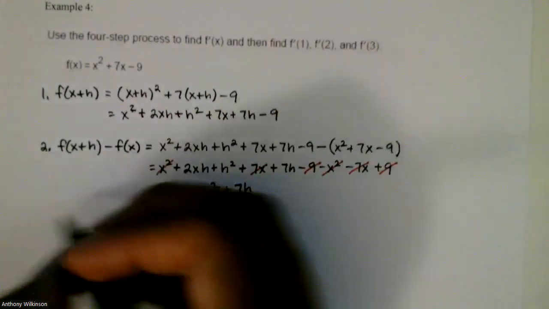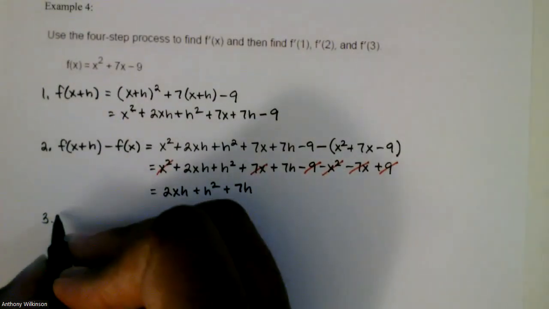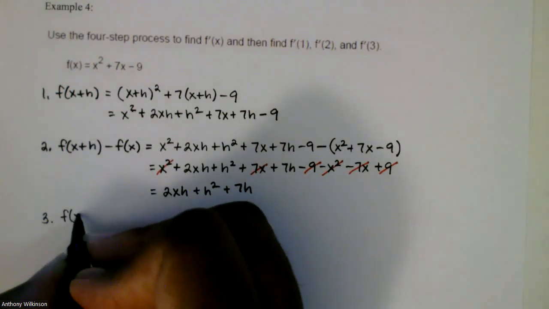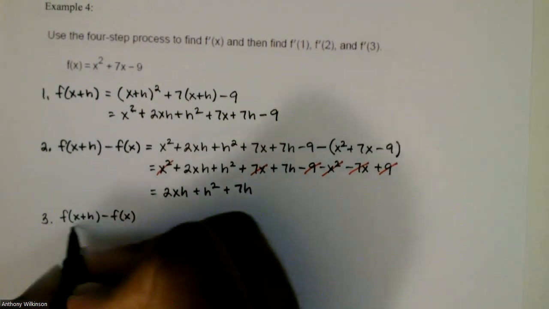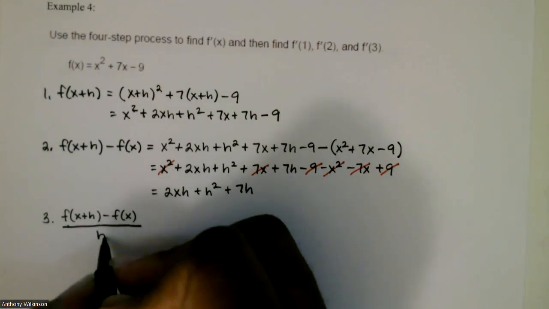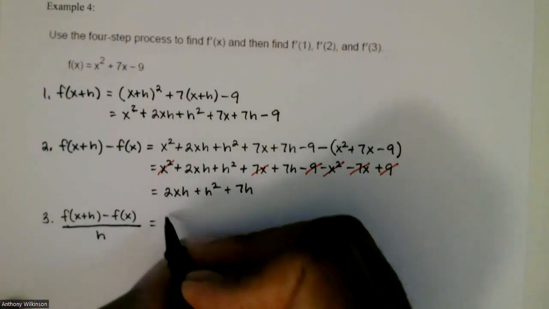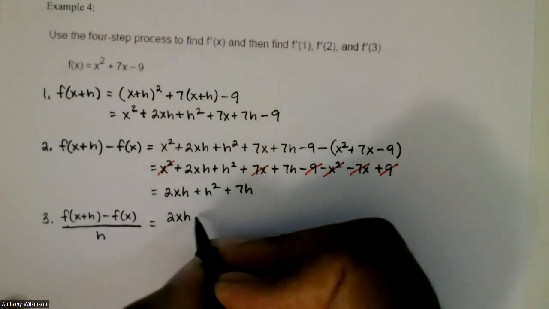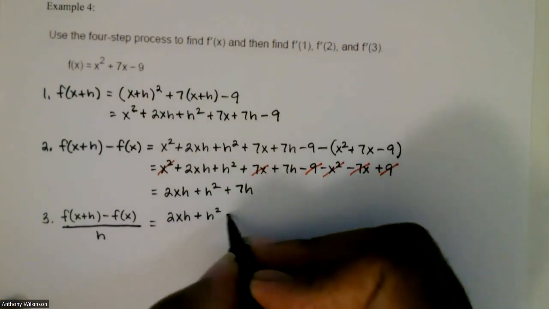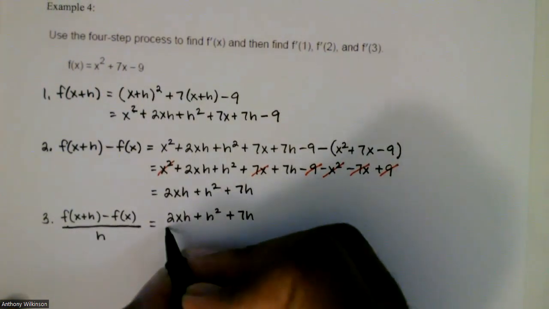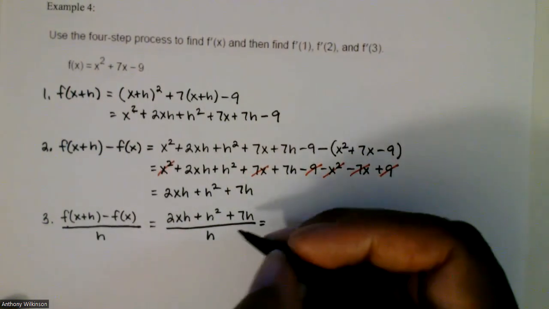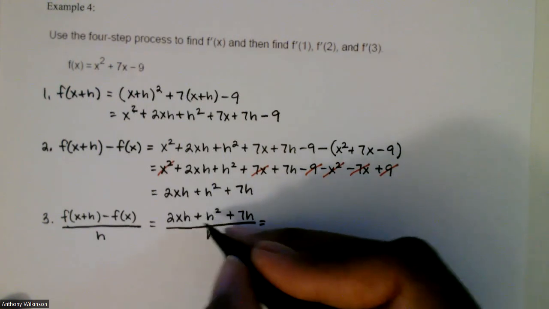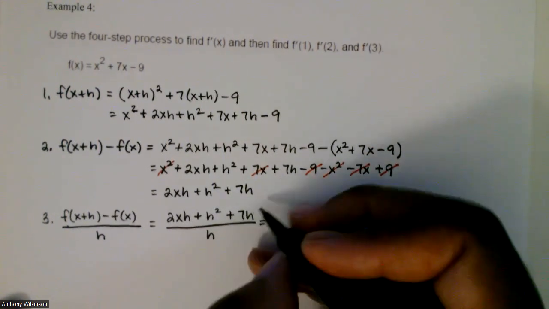All right, step number 3 is to take that f of x plus h minus f of x, and divide the whole thing by h. So here I got that 2xh plus h squared plus 7h. All that's divided by h. Now, in the numerator, I can factor out an h.